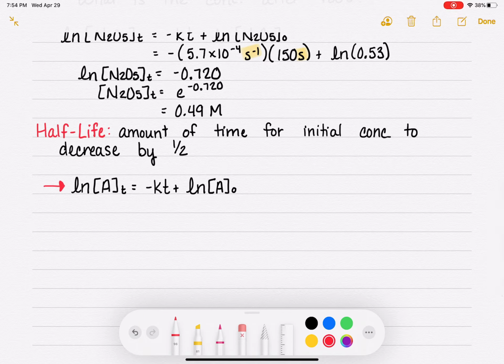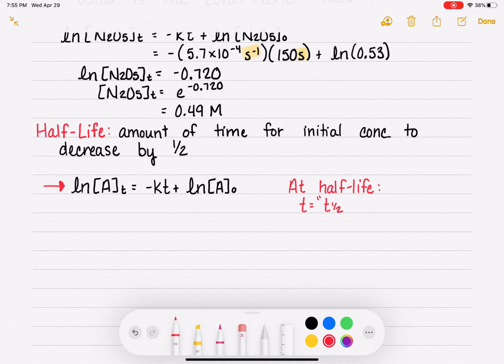So when we are trying to use the integrated rate law to do a half-life calculation, we are going to redefine some of these terms. When we are actually at the half-life of a reaction, we are going to write t, the time, as t1/2, because a lot of times we don't exactly know for sure how much time that is. Like, is it 110 seconds or is it 300 seconds?